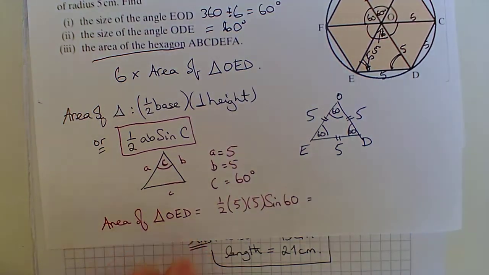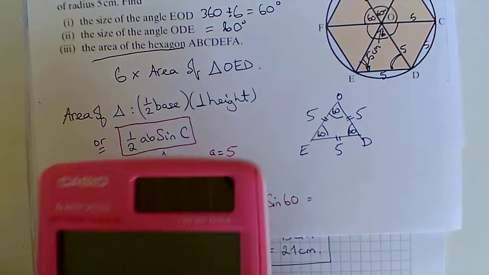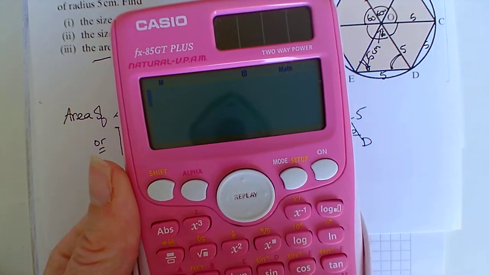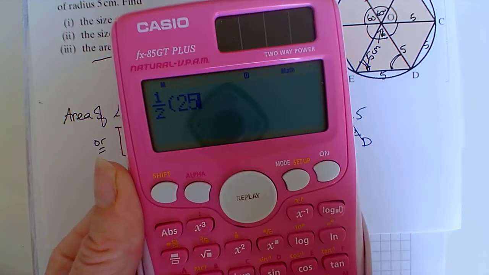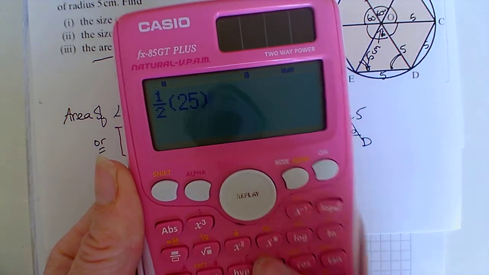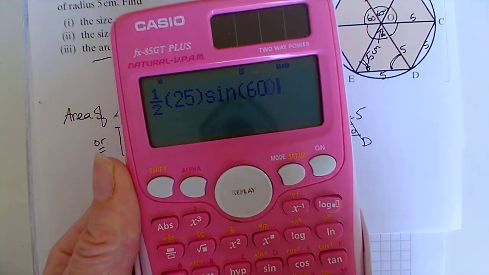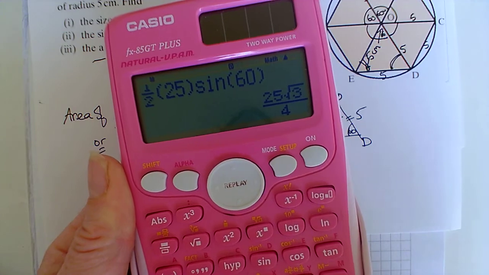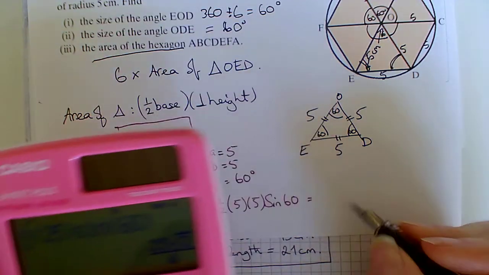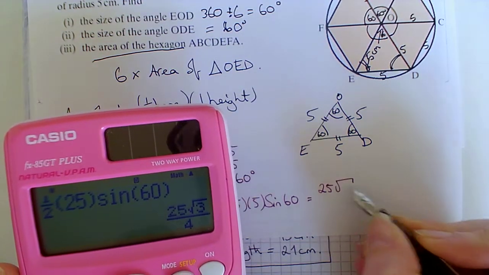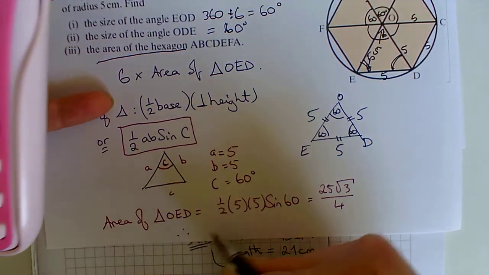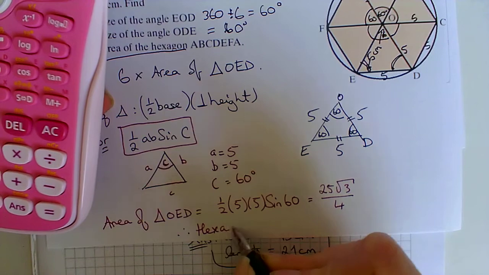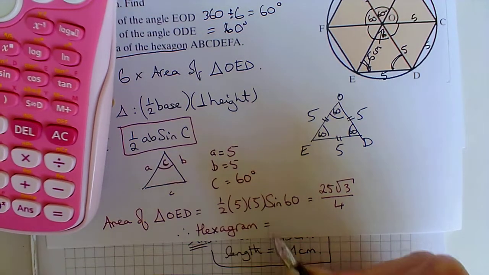You can just use your calculator to do that. So into my calculator, 1/2 by 5 by 5, which is 25, by the sine of 60 degrees. And we'll get it in surd form, 25 root 3 over 4. Just leave it like that for the moment. So therefore the area of the hexagon will be that by 6.